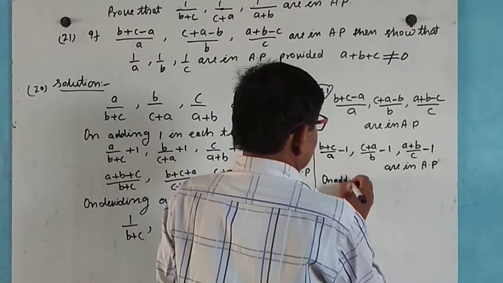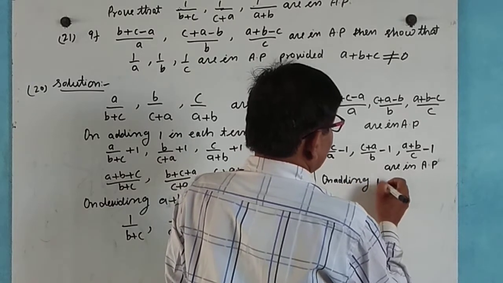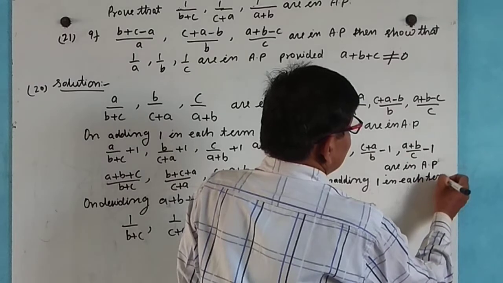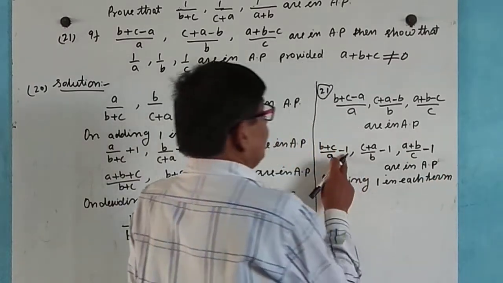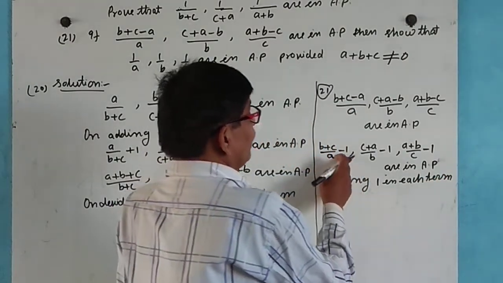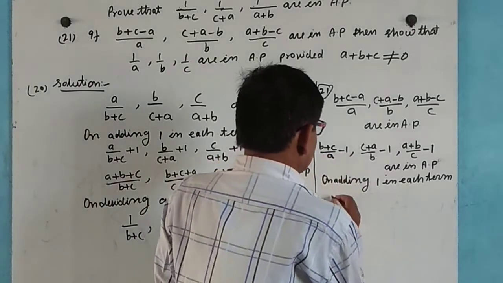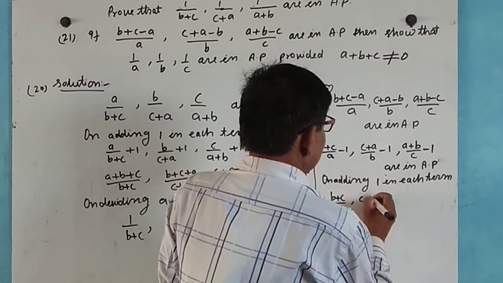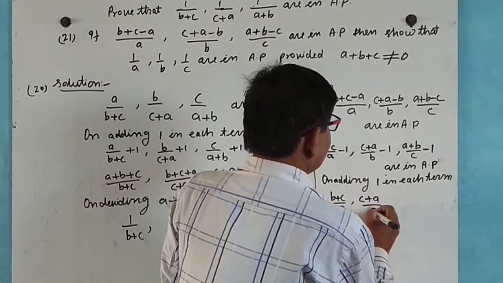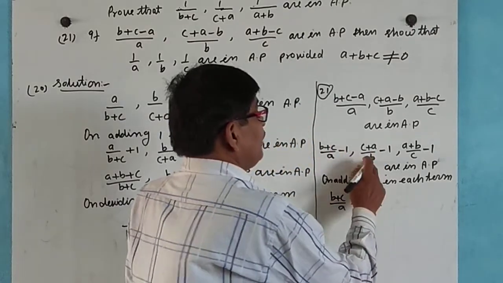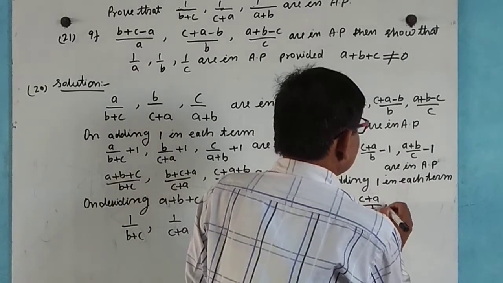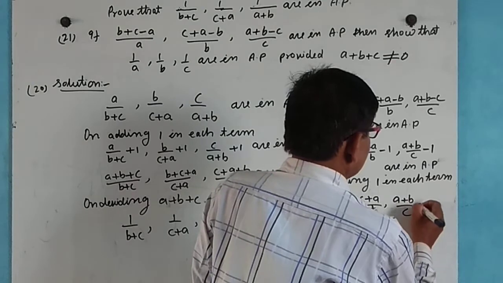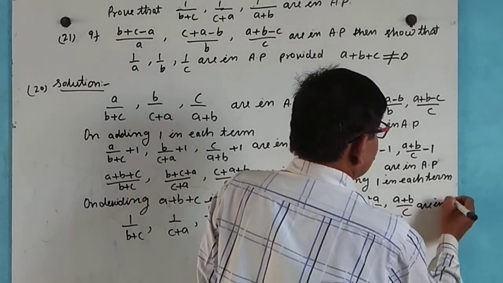adding 1 in each term, this 1 is cancelled, so that b plus c by a, c plus a by b, a plus b by c are in AP.